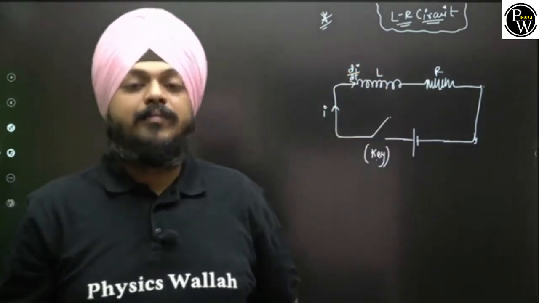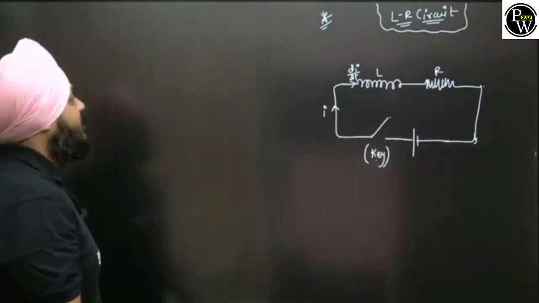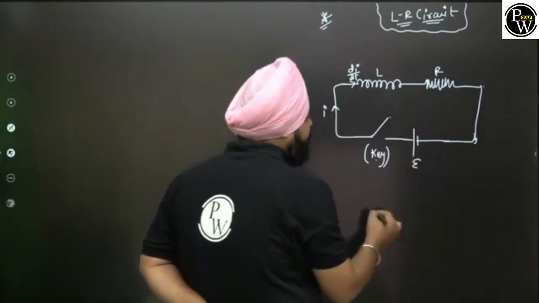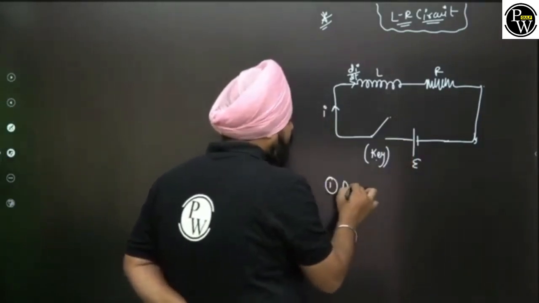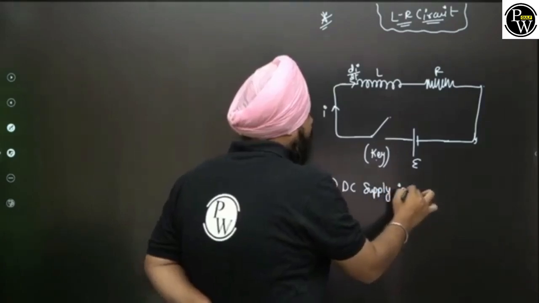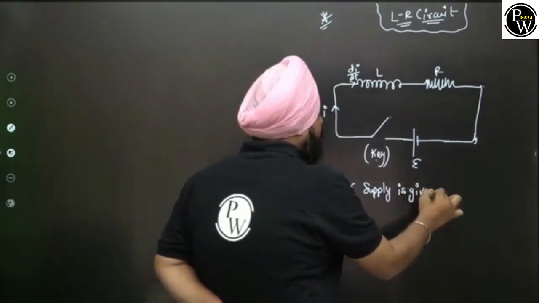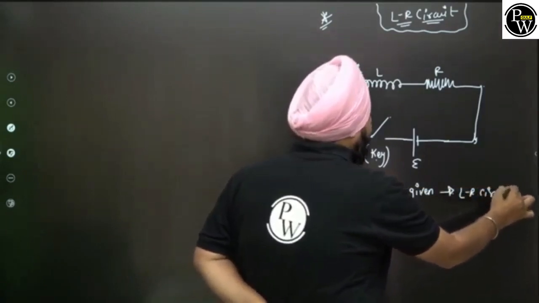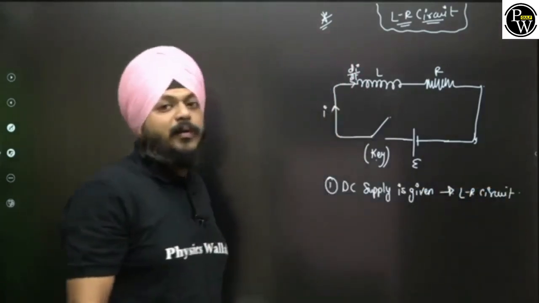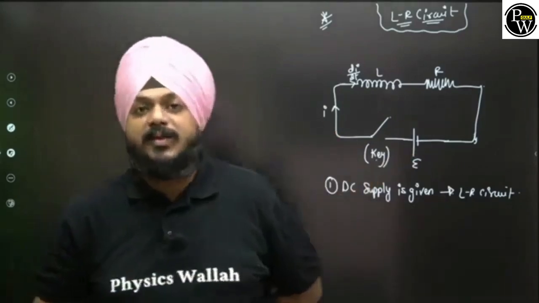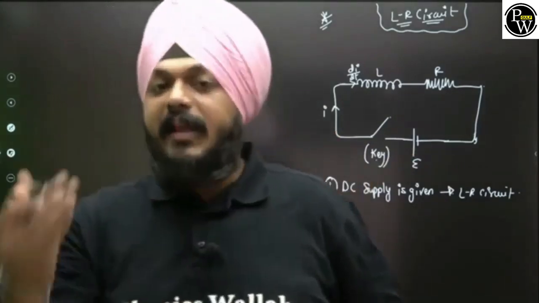Now, whenever a DC supply is given to the LR circuit... In an upcoming chapter, we are going to see how an AC supply is given to the circuit and things change. What is the difference between AC and DC supply?